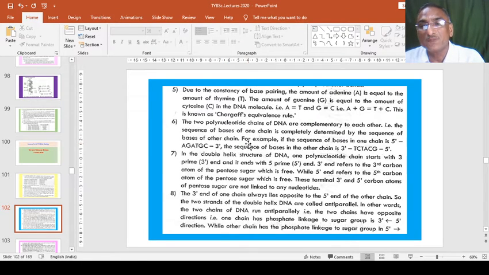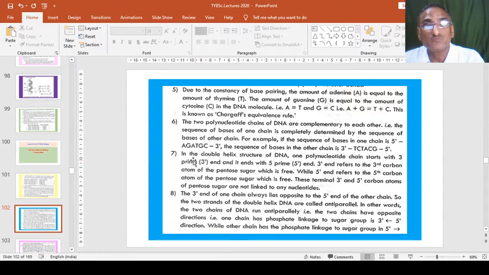For example, if the sequence of bases in one chain is 5' to 3' AGATGC, the sequence of the bases in the other chain is opposite, that is 3' to 5', and this chain will be reverse, TCTACG, because the last G is pairing with C, and A is pairing with T.